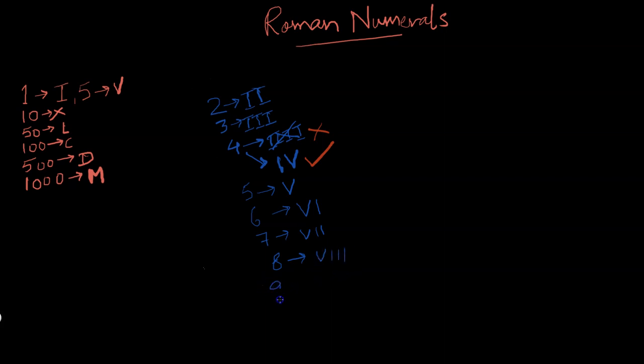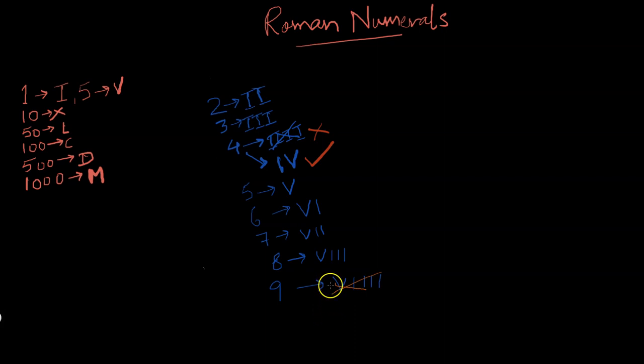8. For 9, will this work if you do this? No, right? Because I said the people who designed the system don't want you to use more than 3 identical symbols together, and right now we have 4 of these together, so that won't work. What's a number greater than 9?